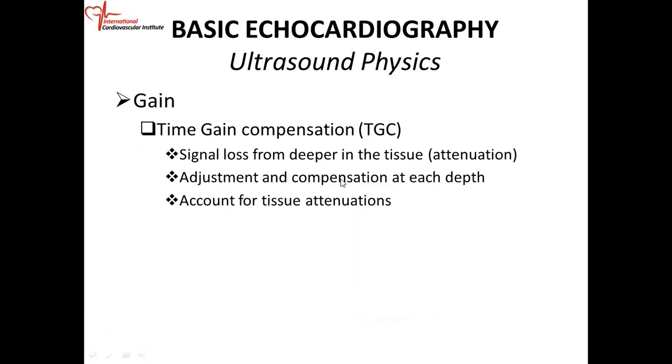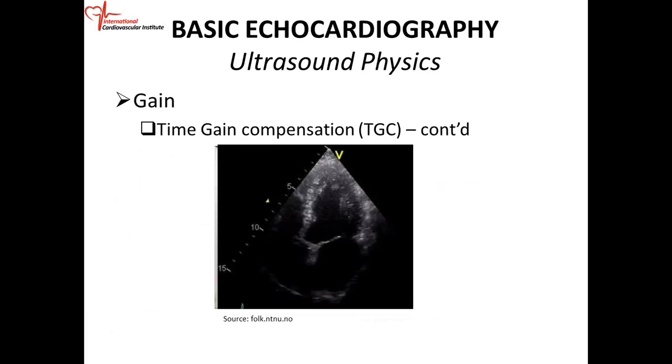It's adjustment and compensation at each depth. At each depth, you can adjust to improve your image quality, because TGC accounts for tissue attenuation. Wherever you have weakening of your ultrasound imaging, you can adjust that area.